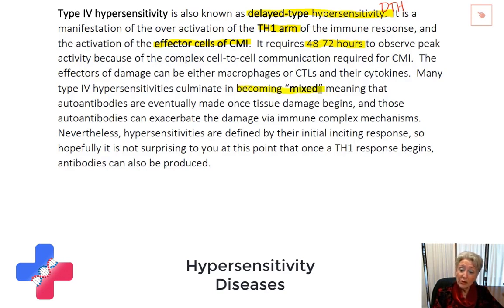Because once I go down the M1-TH1 pathway, I can then spill over in the debris that is caused into an M2-TH2 and antibody response. So it's not at all surprising to eventually see autoantibodies being produced against the debris of the cells that were killed in the first wave of the cell-mediated effector functions.